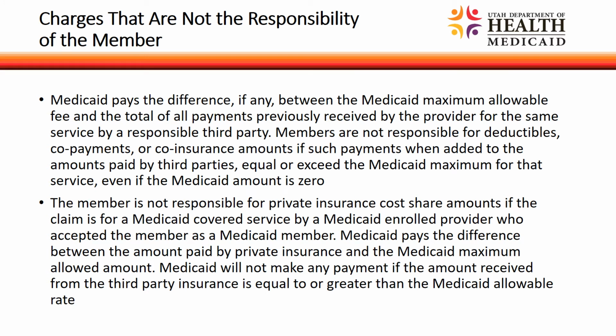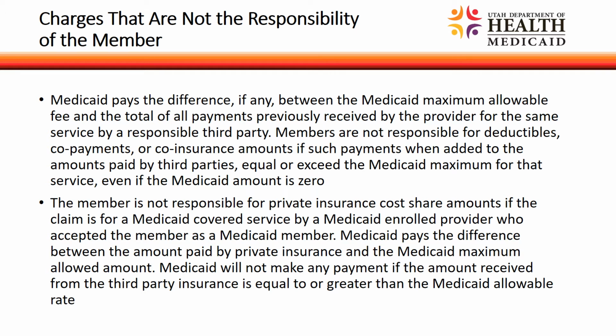Medicaid pays the difference between the Medicaid maximum allowable fee and the total of all payments that were previously received by the provider from a third-party liability. Members aren't responsible for deductibles, copays, or coinsurance amounts if the payments, when added to the amounts paid by third parties, equal or exceed the Medicaid maximum for that service, even if the Medicaid amount is zero.